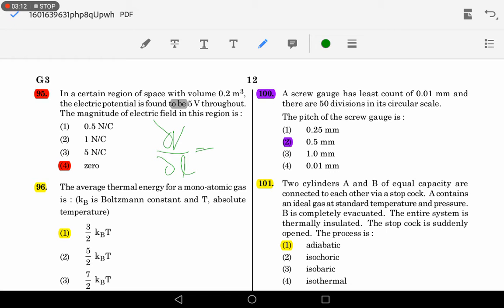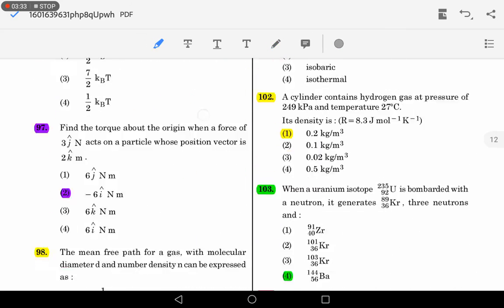Consider it as differentiation itself. When the potential is uniform or constant throughout, differentiation of a constant is going to be 0, and that is the magnitude of electric field, so the electric field is 0 for this region.